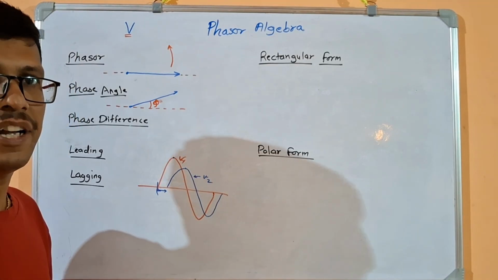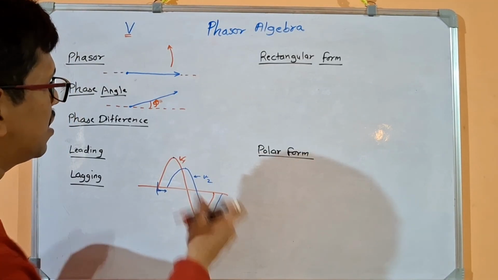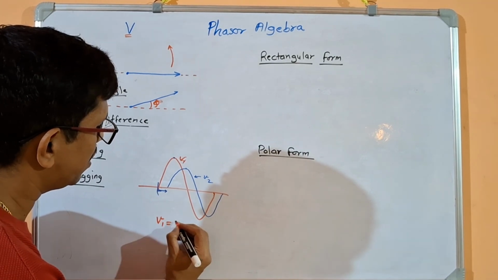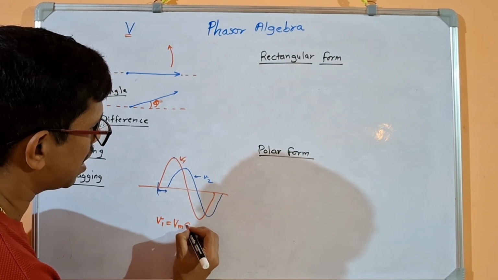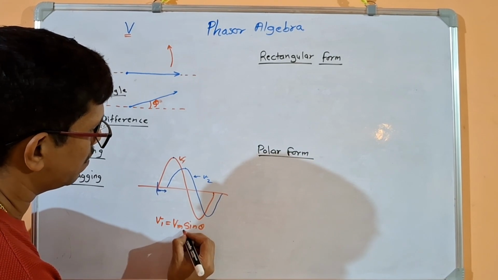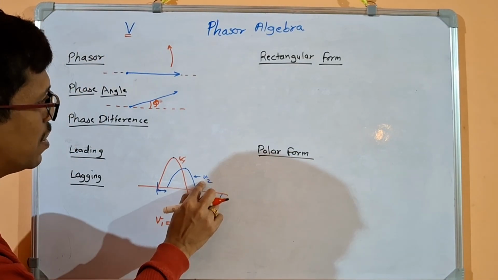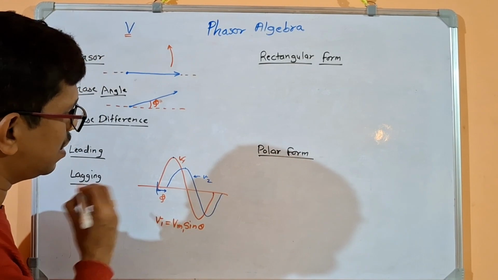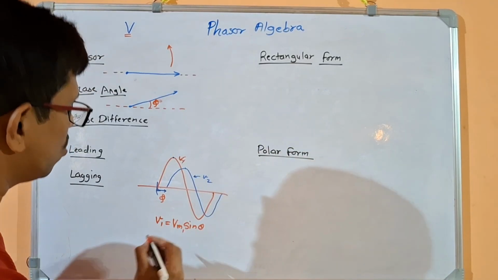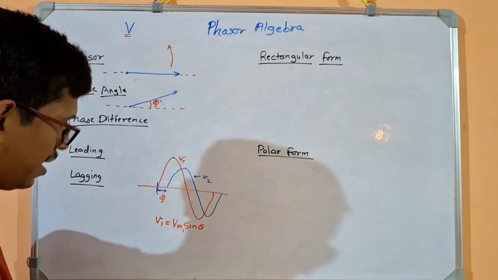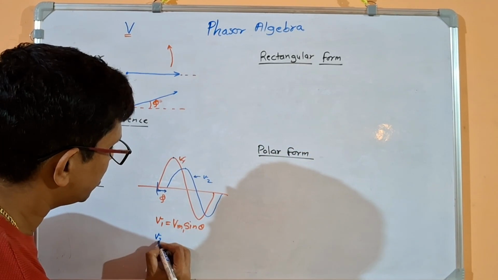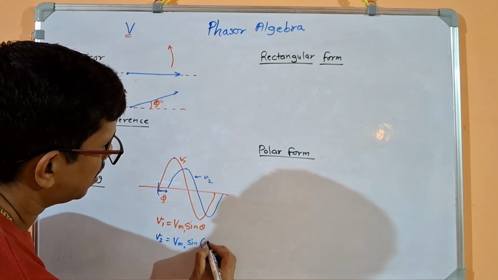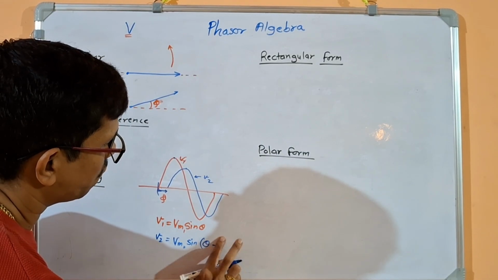थोड्या लेटर ऑन. Suppose माझा V1 जो आहे, it is my reference phasor. It is having equation Vm1 sin theta, आणि रेफरन्स फेजर पेक्षा हा जो V2 आहे हा फाय अँगल उशिराने चालू झाला. सो दिस आय कॅन राईट V2 is equal to Vm2 sin(theta minus phi).